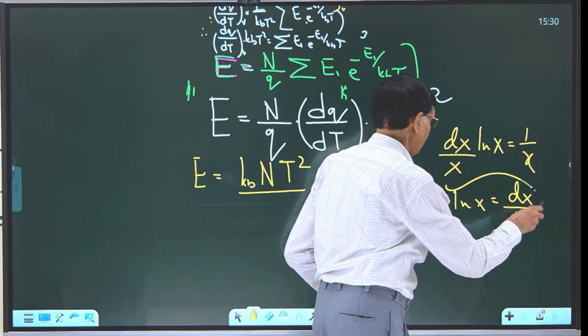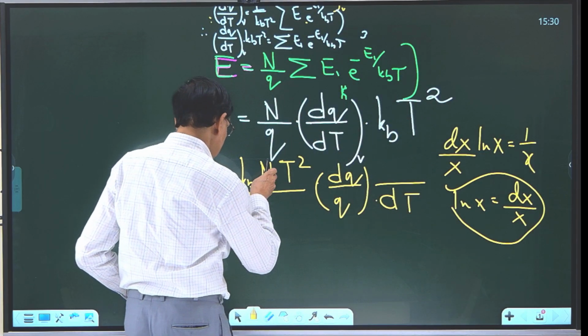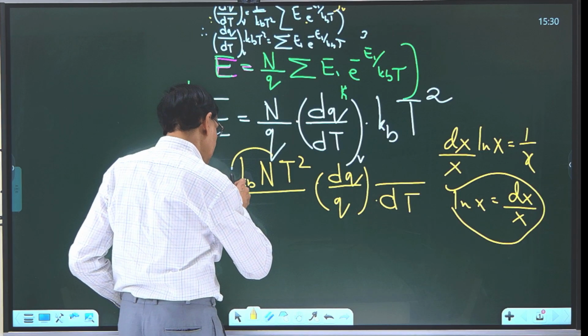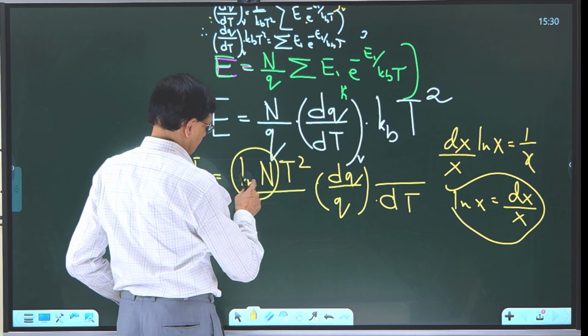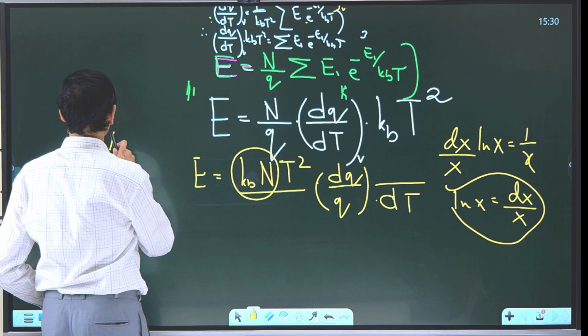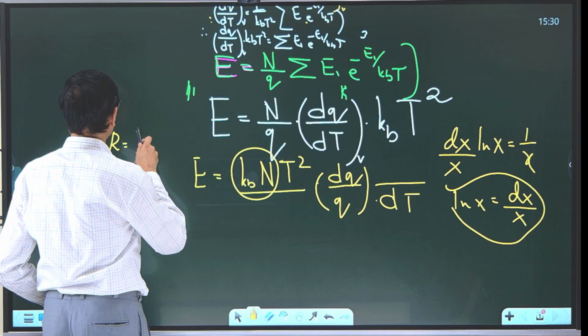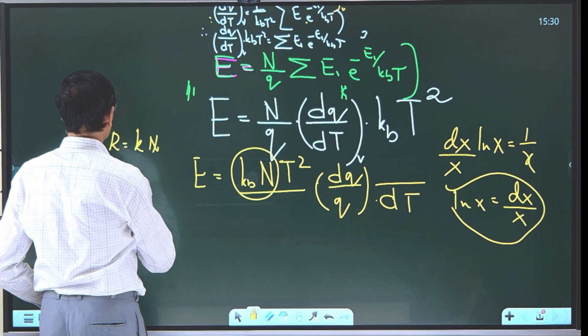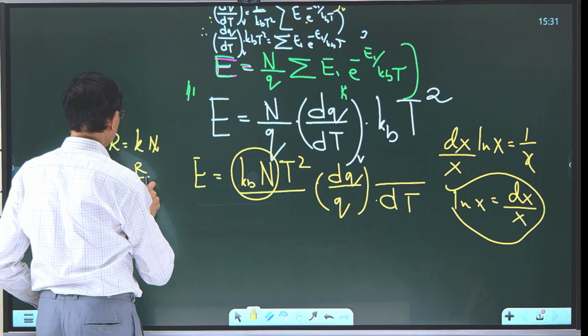is equal to natural log of x, and Boltzmann constant into n, because R, you know, R is equal to nK, K is equal to R by n.